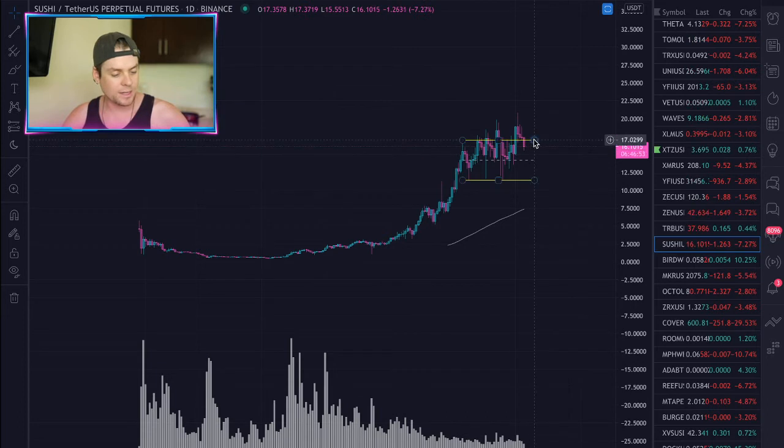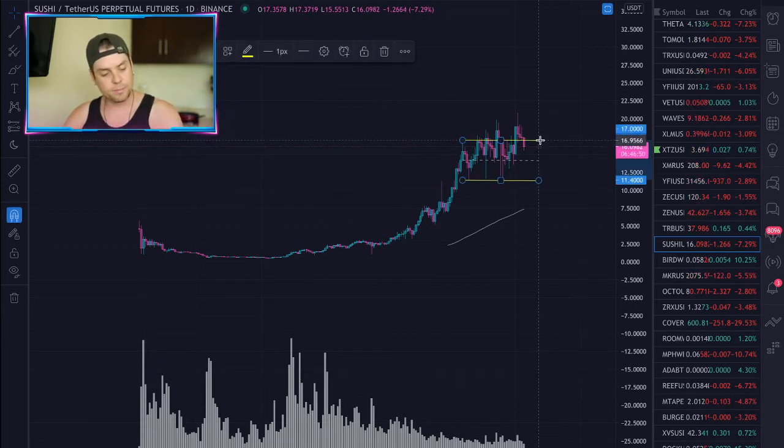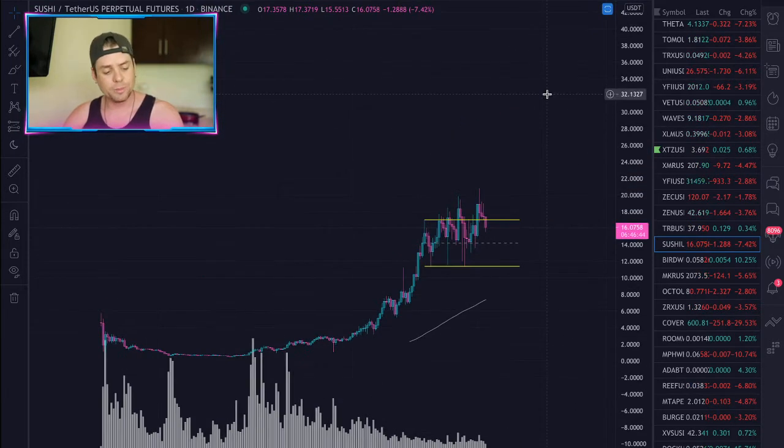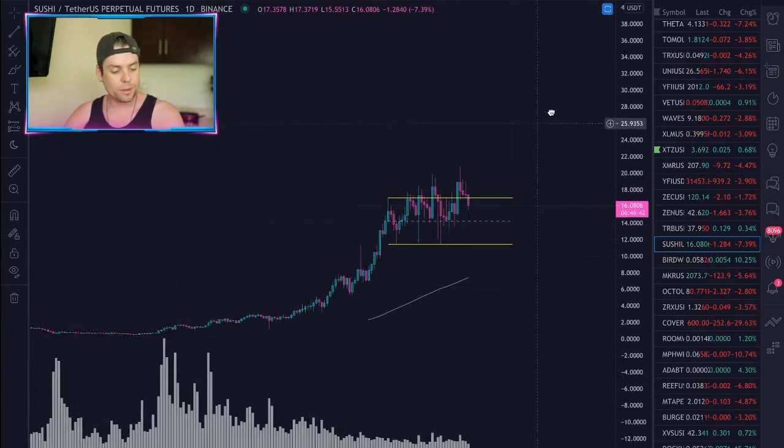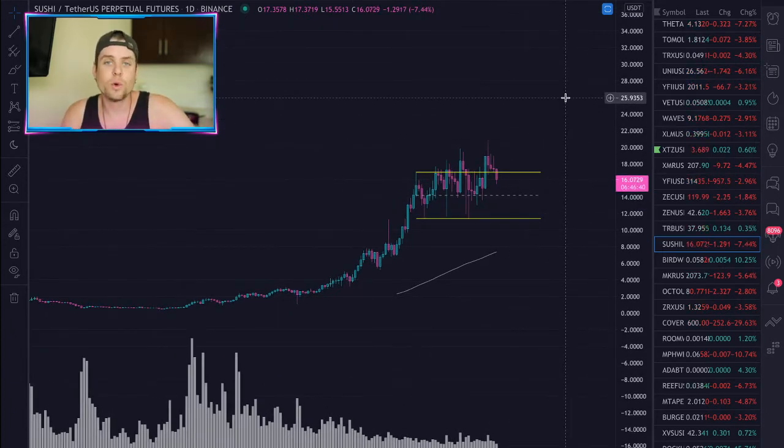The reason I want to take a look at Sushi is because one of the private members in my Discord reached out to me, actually had a little bit of a mix-up with sending coins somewhere. I guess this individual had a bunch of Sushi tokens that he was trying to send to a wallet, and I think he got the network mixed up.